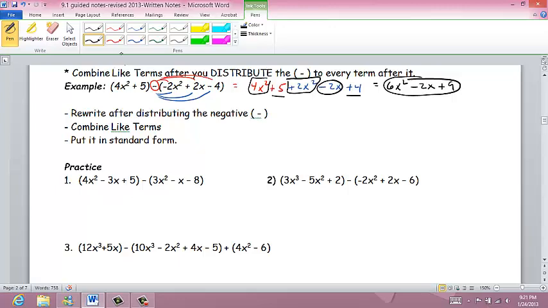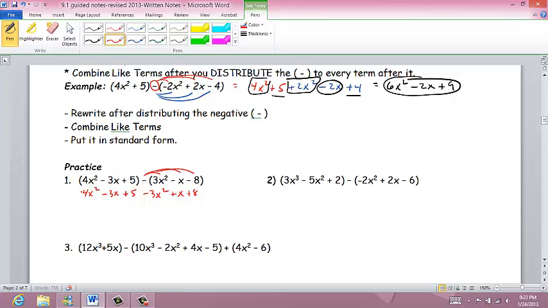So this example here, we will go ahead, distribute the negative, so we end up with 4x squared minus 3x plus 5, this positive 3x squared will become negative 3x squared. This is negative x. When we bring this, a negative times a negative is a positive x. Here you have a negative and negative 8 makes a positive 8.